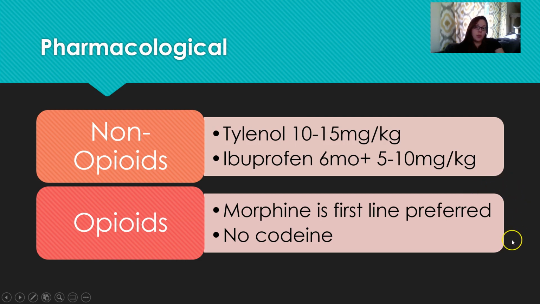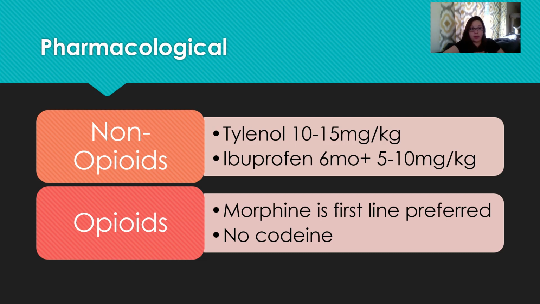When we're talking about opioids, morphine is typically the first line preferred. And as an outpatient primary care provider, and I've been working almost 2 years as a nurse practitioner, and if you include my time in clinicals, we're at about 3 to 3.5 years, I have only seen morphine prescribed one time.